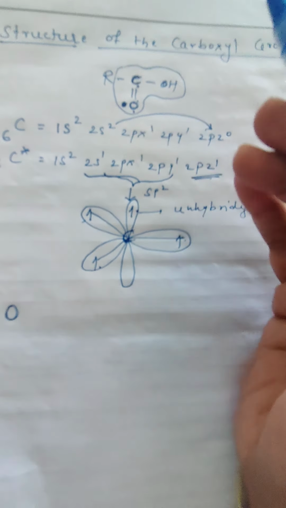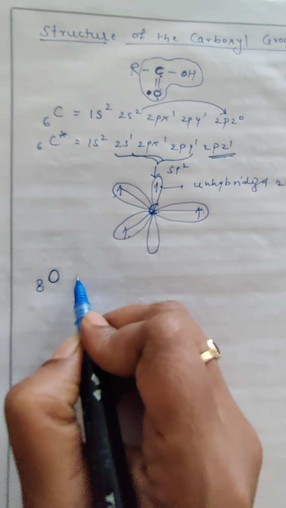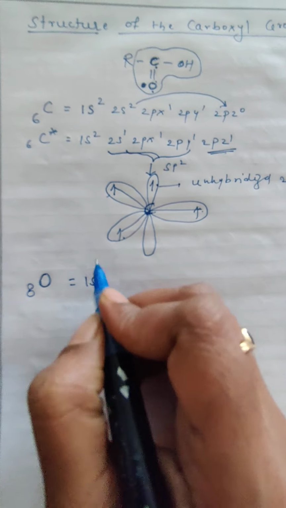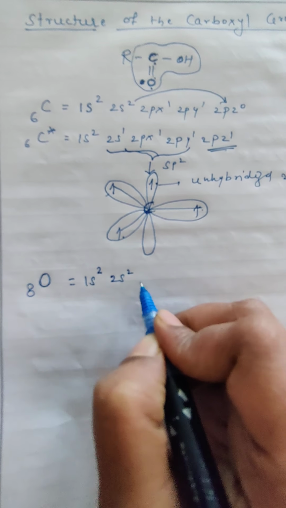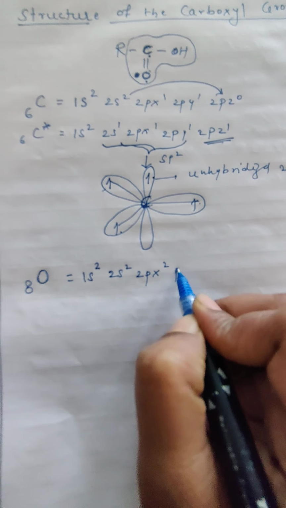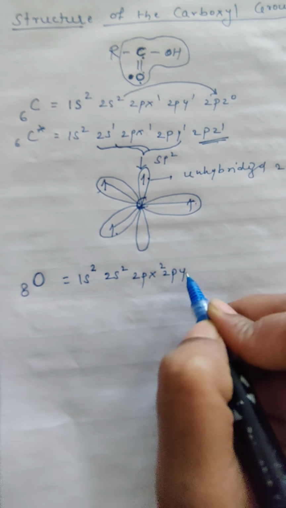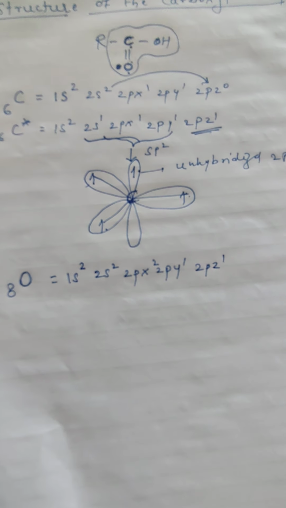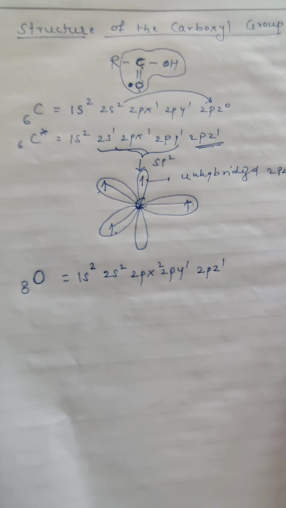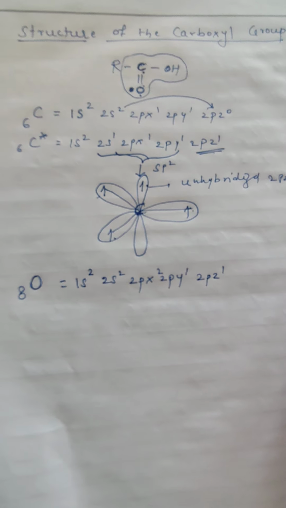Next is oxygen. Oxygen has atomic number 8 and electronic configuration 1s2, 2s2, 2px2, 2py1 and 2pz1. Now we are saying that this oxygen also undergoes sp2 hybridization.